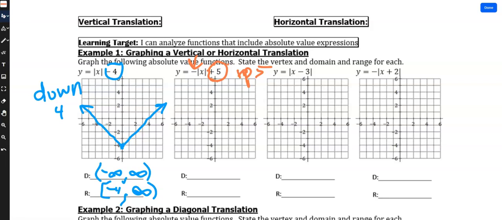So we know it's going to start up there and open down. We got negative infinity to infinity for the domain, but the range is obviously negative infinity to positive 5. Oh, that's got to be a bracket on the left side or the right side. You can never get a bracket on infinity or negative infinity.